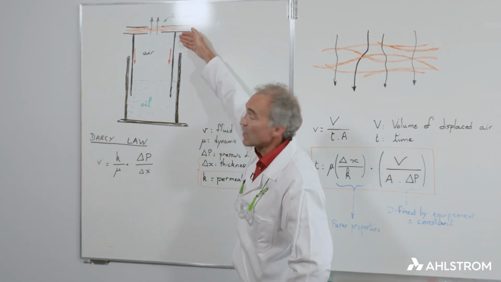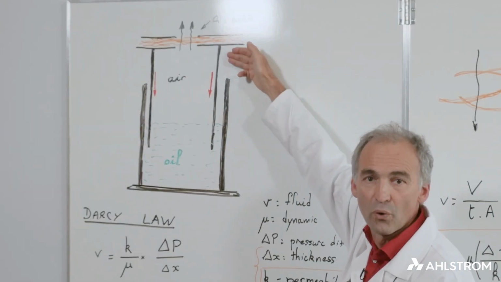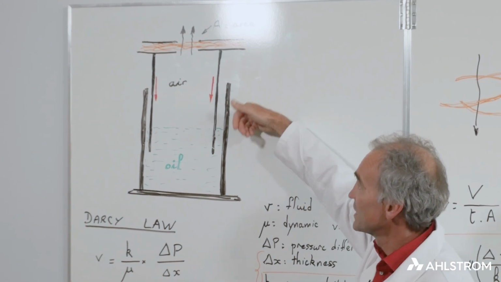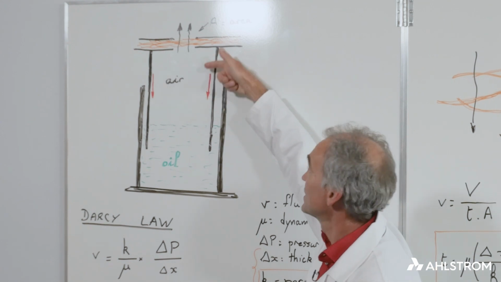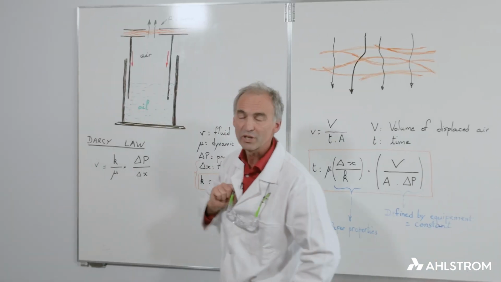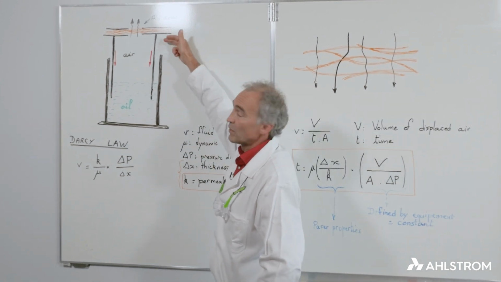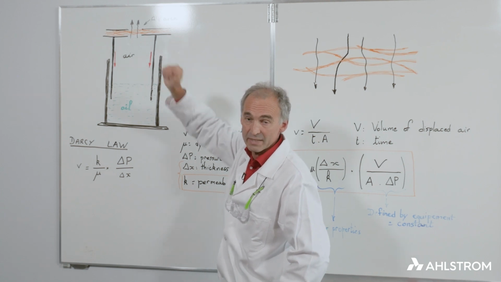Because of the weight of the inner cylinder, it will fall down and by this compress the air. That will create this pressure difference that we were talking about. For a certain duration, a volume of air will be displaced.